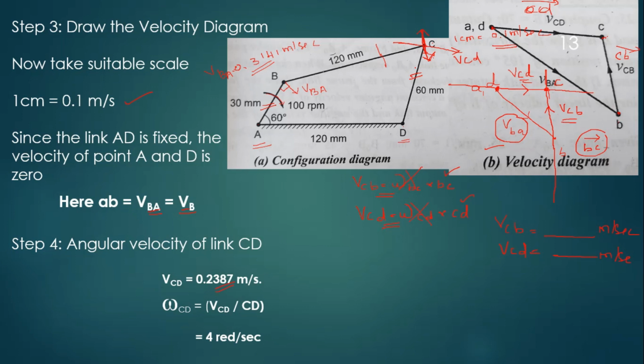So, we know that velocity of CD is equal to the angular velocity of CD into the length of the link CD, right. Now we have to calculate the angular velocity of CD. So, the velocity of CD divided by CD, that is 0.2387 divided by CD in meter, then the final value is equal to 4 radian per second.